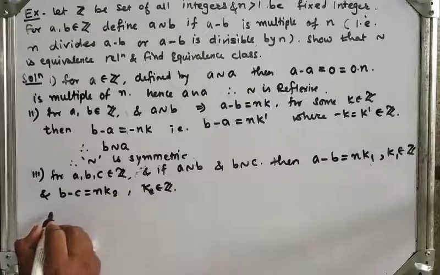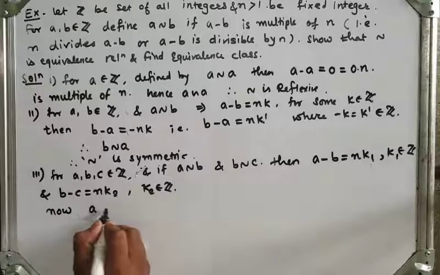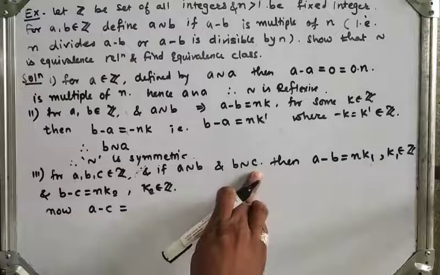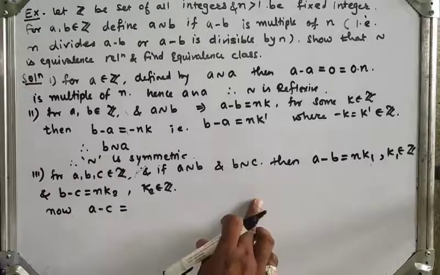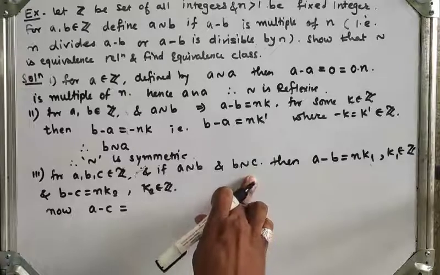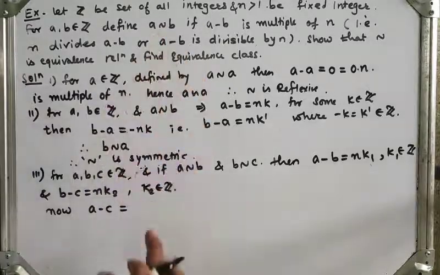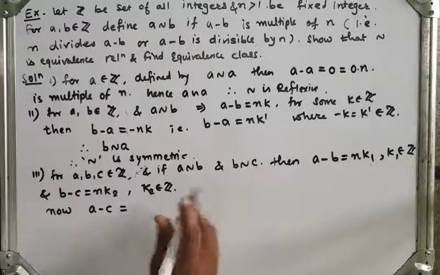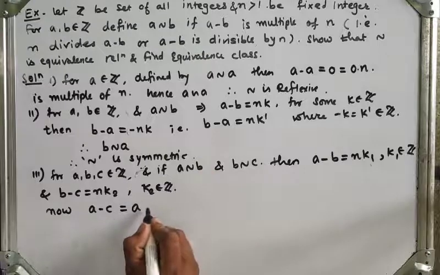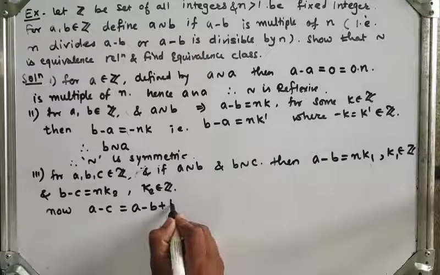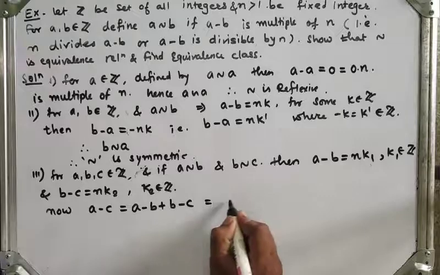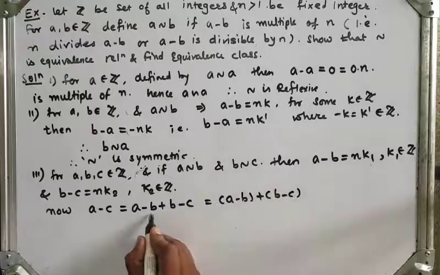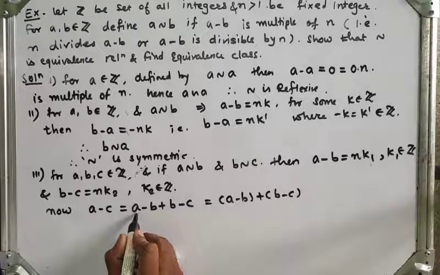Now we have to show that A is equivalent to C. That means I want to show A minus C is a multiple of n. So A minus C is equal to, I will add and subtract B, A minus B plus B minus C. Here minus B plus B cancel, so only A minus C remains.